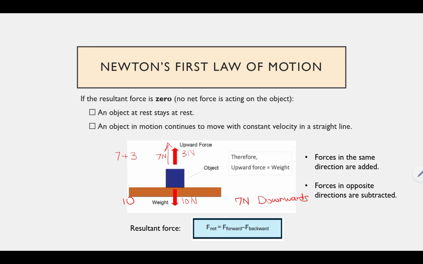So is there any resultant force? Nope. I have 10 Newton up, 10 Newtons down. And when I subtract, because they are in opposite directions, I'll get my resultant force as 0. And that's what they mean by if the resultant force is 0. Okay? So they don't mean that there is absolutely no force. They mean that the forces acting on it are equal.